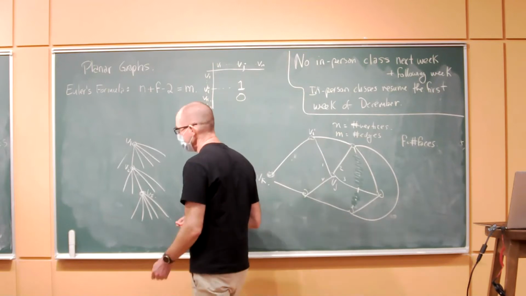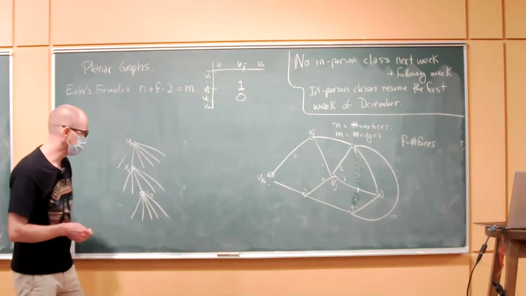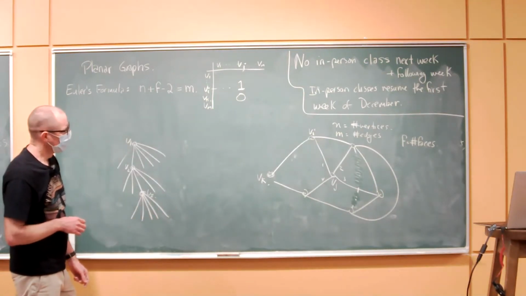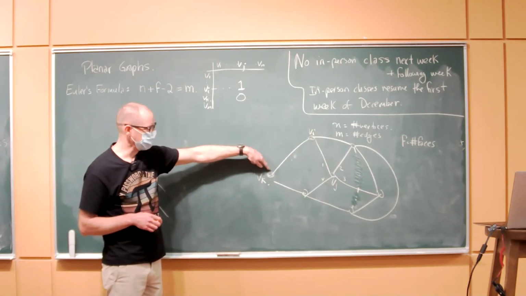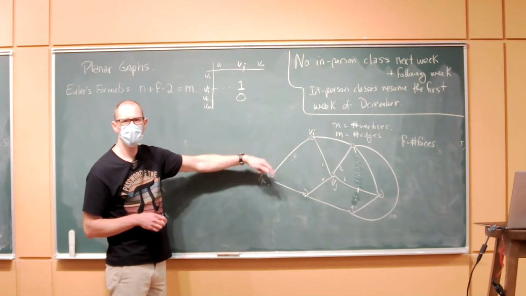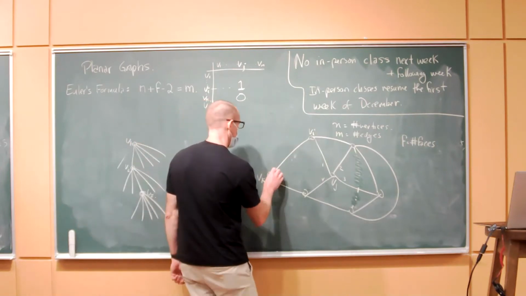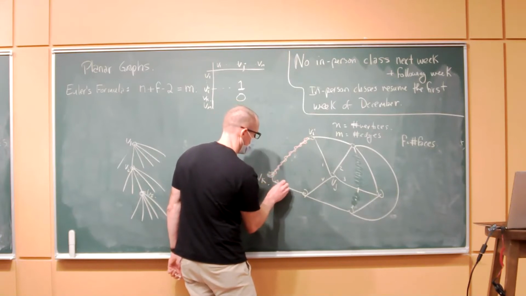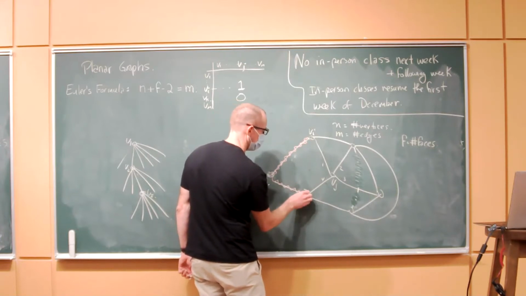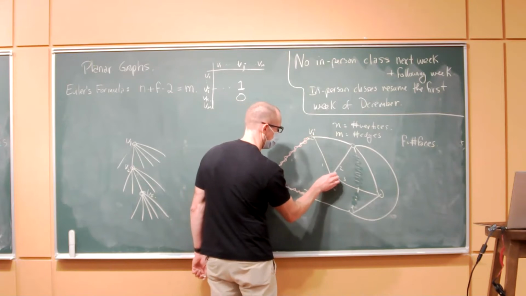Well, one way to remember it is the following. Take your graph and pretend for now, like this one, it's connected. And take a spanning tree of your graph. So that's a subgraph that is connected but has no cycles.